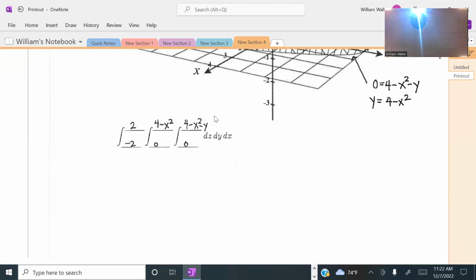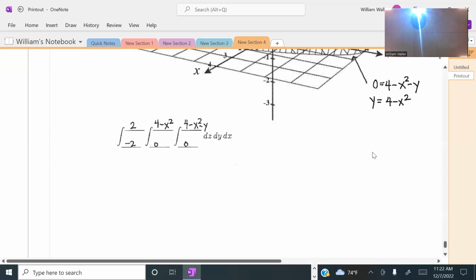Now, what about your x and y limits of integration? Just look at your region of integration in the xy plane, and then set up your limits of integration that match that, as for the double integral, right? So let's see.